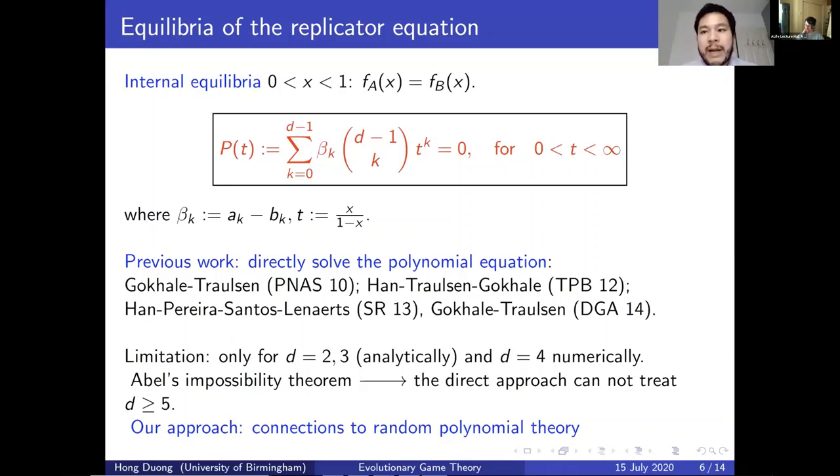It satisfies the equation fA equals fB, that is when the two fitnesses are the same. So we obtain this polynomial equation, where beta_k is the difference of the payoff and t is a fraction between x and 1 minus x.